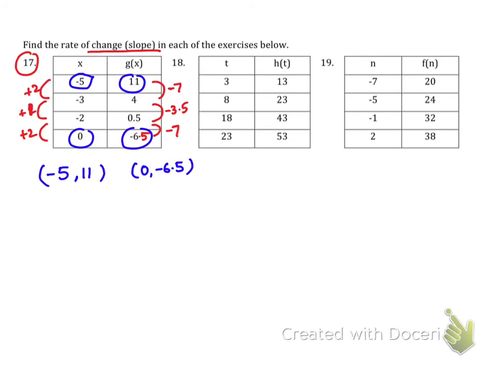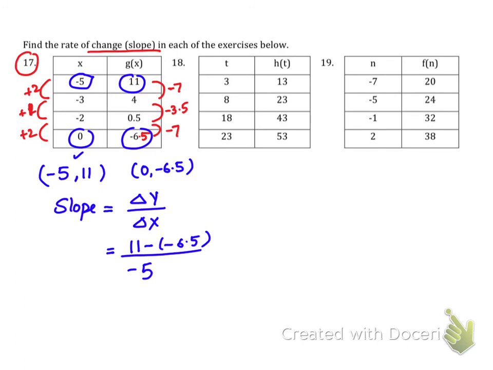What I need to do in order to get the slope, I need to know how the y is changing: change in y over change in x. That's delta, a representation. You can simply write change in y over change in x. So how the y is changing, if I'm taking this as the first point, I would be writing 11 minus 6.5 over minus 5 and minus 0.